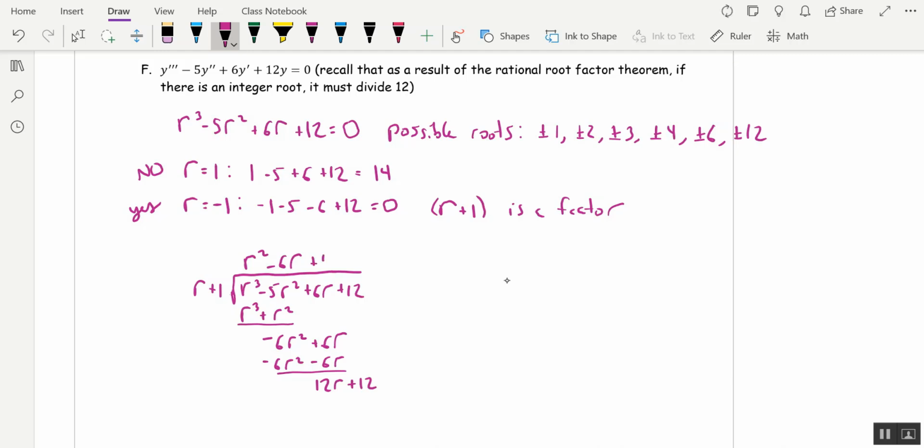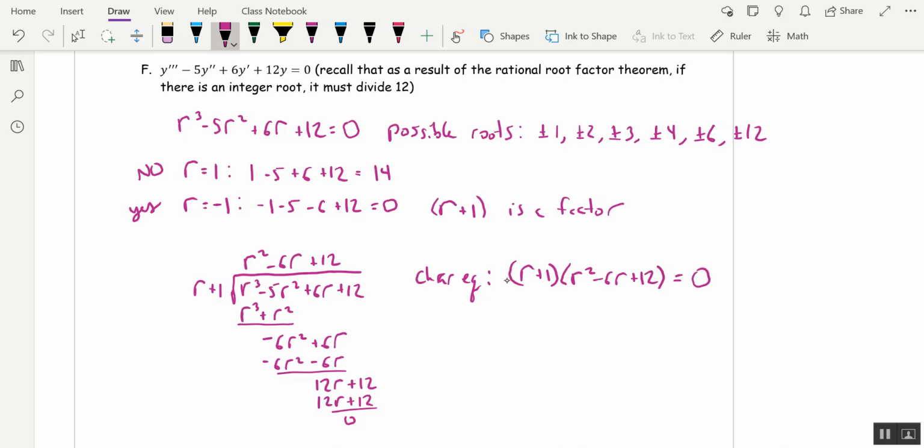This goes in positive 12 times. 12r plus 12, remainder is 0. So our characteristic equation now looks like r plus 1 times r squared minus 6r plus 12 equals 0.